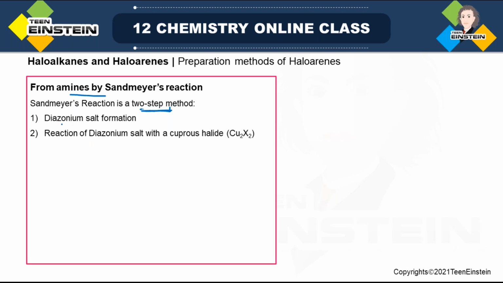The first step is formation of diazonium salt, and in the second step this diazonium salt reacts with cuprous halide, and depending on what type of cuprous halide you have taken, the corresponding aryl halide you will get. So if it is Cu2Cl2, you will get aryl chloride, or if it is Cu2Br2, you will get aryl bromide. Okay, remember it is cuprous.